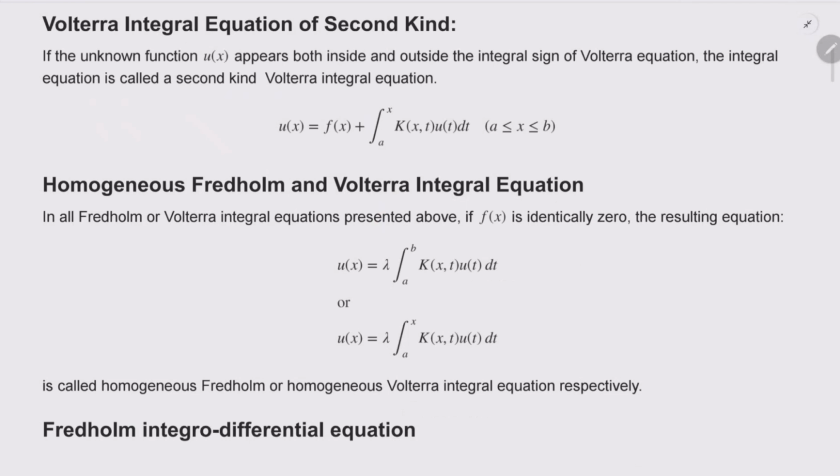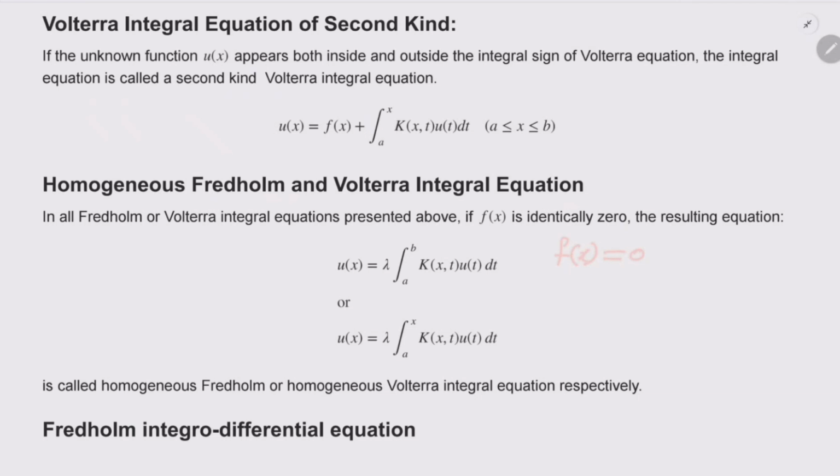There is another classification of integral equation. It is called homogeneous Fredholm or Volterra integral equation. Homogeneous means that the source function f of x will be equal to 0.